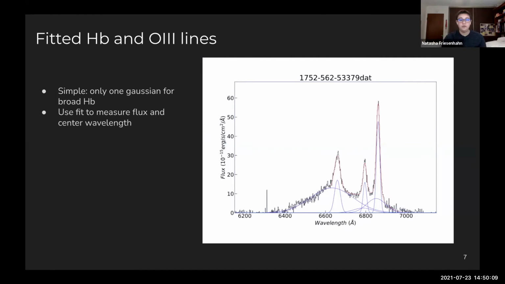Equivalent width comes from the total line flux and the continuum flux density at the line center wavelength. For this example, with just 1 Gaussian component, the values are measured directly from the Gaussian. The total line flux is just the area under the curve, and the continuum flux density comes from the value of the continuum fit at the line center.